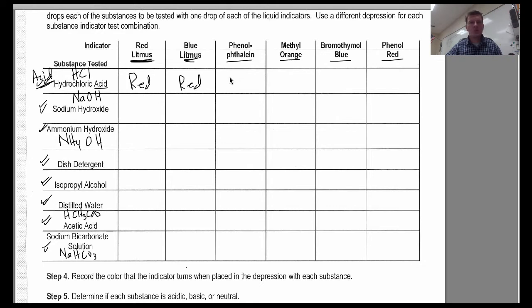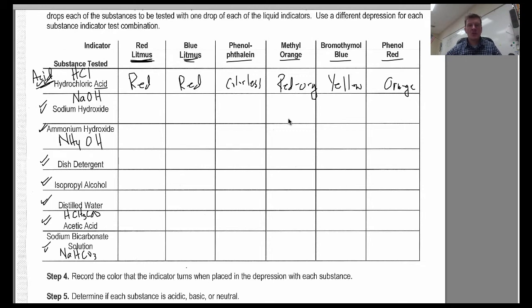This must be an acid, as is clear by the name. Phenolphthalein, I believe, was somewhat colorless. With the methyl orange, the hydrochloric acid was kind of a red-orange color. The bromothymol blue, the hydrochloric acid was yellow. And then this was orange. Okay?